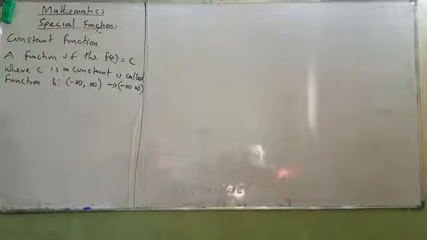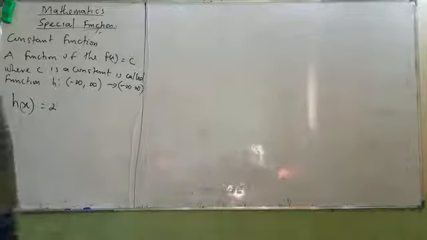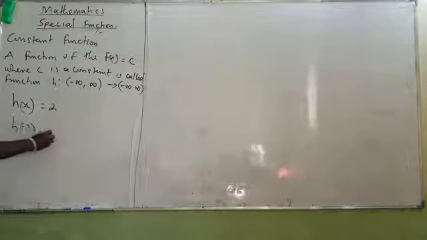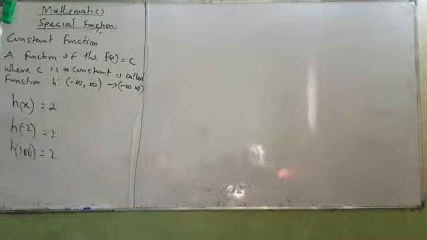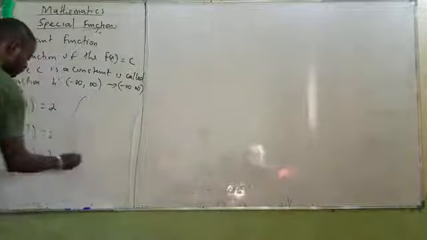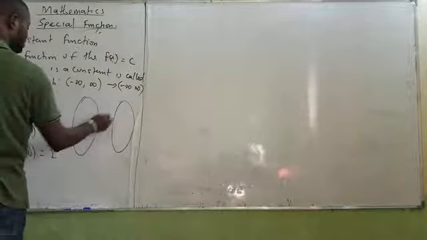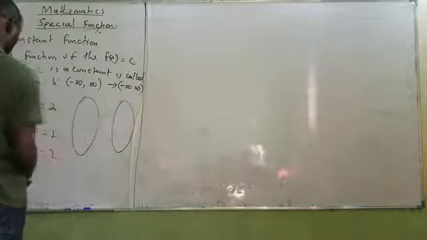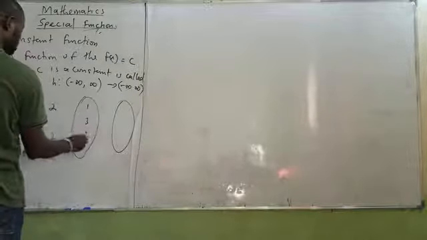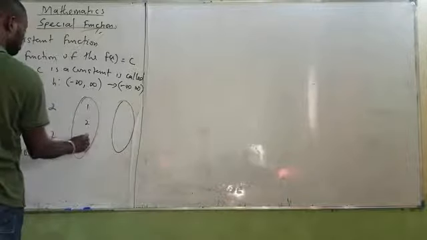For instance, if I have h of x equals 2, this is a very good example of a constant function. For instance, my f of minus 2 will still remain 2. My f of 100 will still remain 2. There's nothing we can do. Do you get me now? I can have inputs 1, 2, 3, 4.